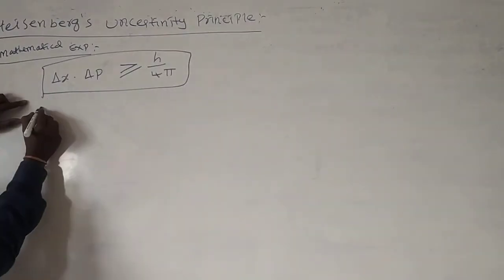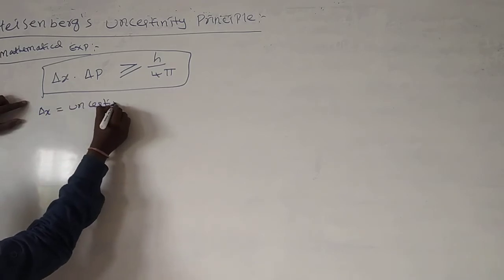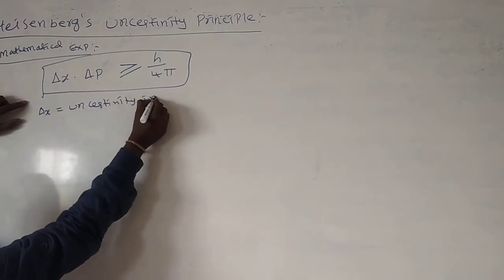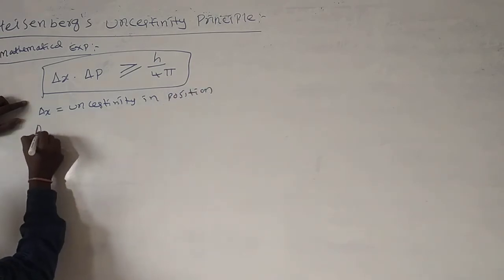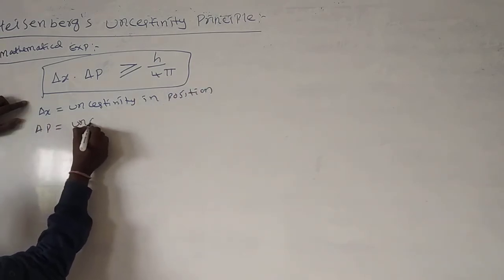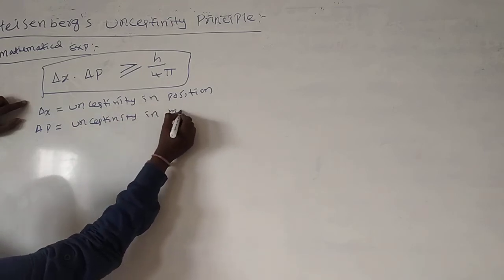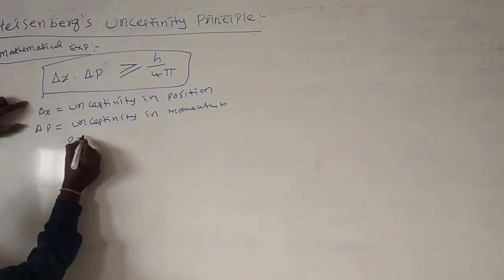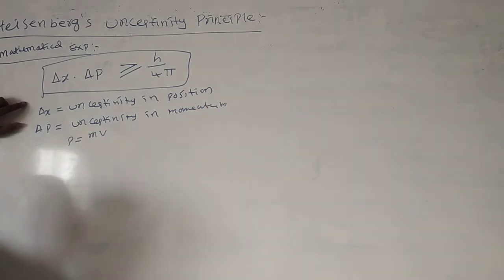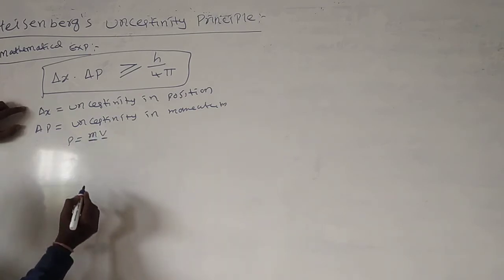Delta x is uncertainty in position. Delta p is uncertainty in momentum. p is equal to mv. Mass is the same, but velocity changes.